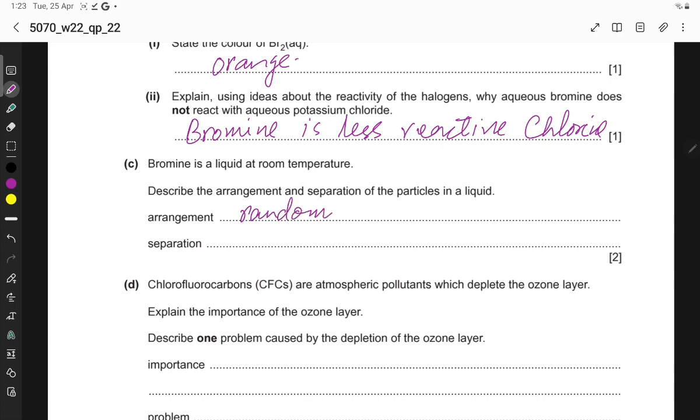Random, and separation, particles close together, like this. This is the liquid, so these are touching each other. There are little spaces, but particles are close enough.